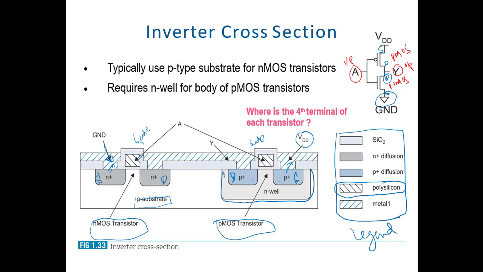In this way, by using the concept of wells, you can fabricate different kinds of transistors, both NMOS and PMOS, in the same material.